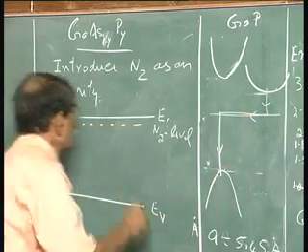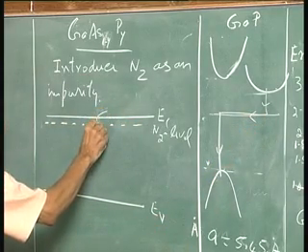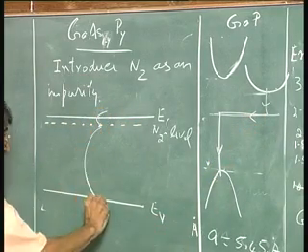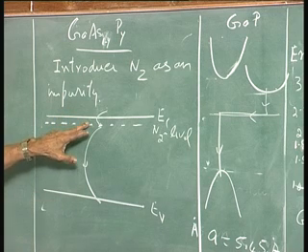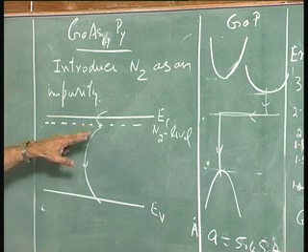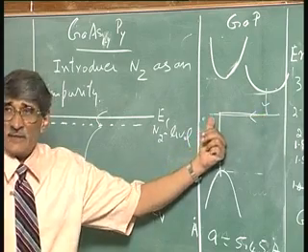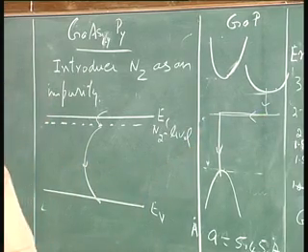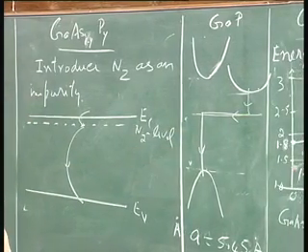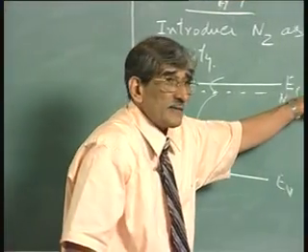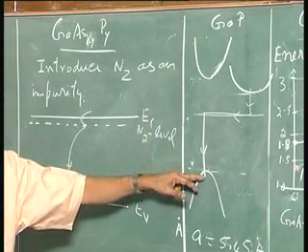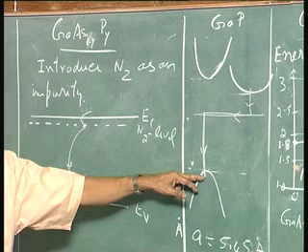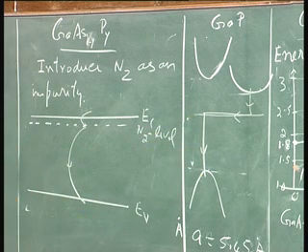So, if I introduce an impurity like nitrogen, the momentum difference will be destroyed by that impurity level. Once the momentum difference is destroyed, if this energy gap is sufficiently large, I can get light in the visible region.